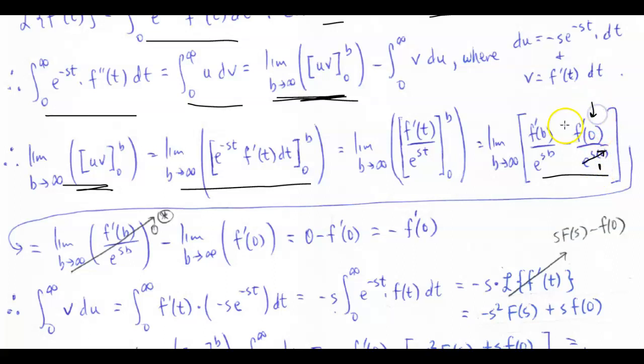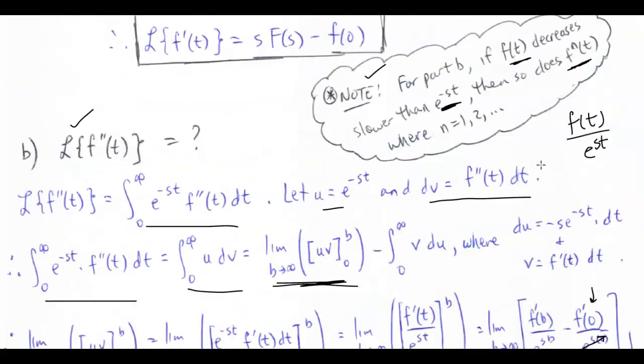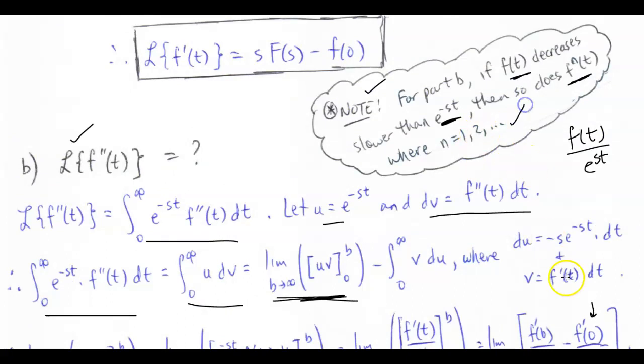f prime of 0 is a constant, and the first derivative of f at some, and I'm going to call it variable b because b goes to infinity here. Whatever this is, it is going to go slower than whatever this particular function is here, and that was the reason why I mentioned this earlier.